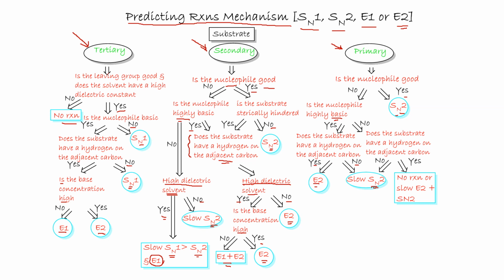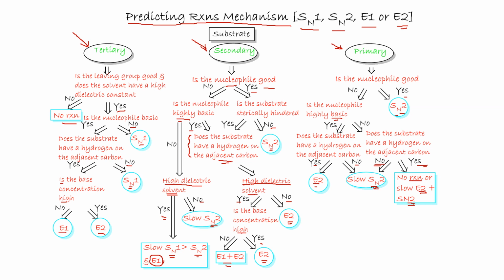If the nucleophile is not that basic, but it has alpha hydrogen, if there is no alpha hydrogen, then it's slow SN2. If it's yes, no reaction or slow E2 and SN2 mechanism.